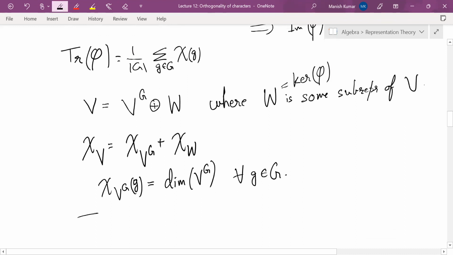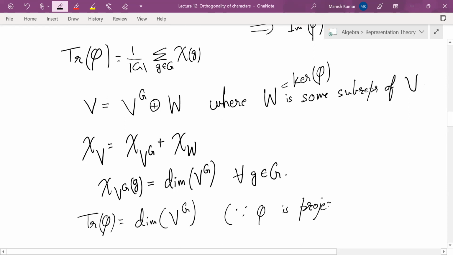So trace of phi is also the dimension of VG, since phi is projection onto VG. So what it means is on VG it's identity and on W it is 0.